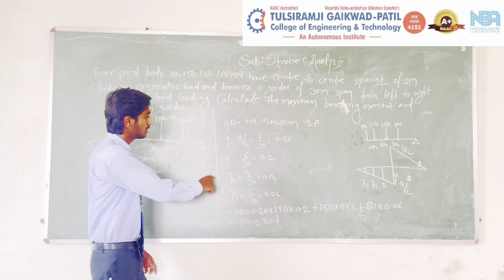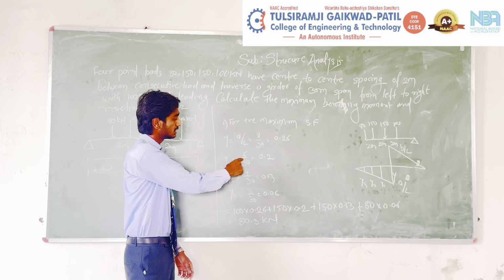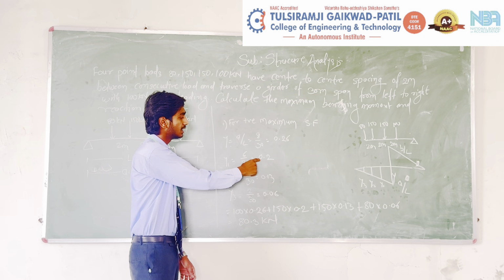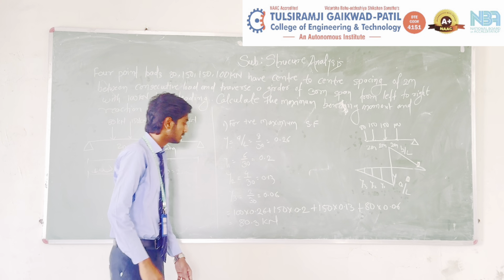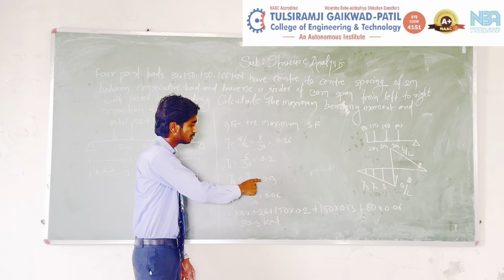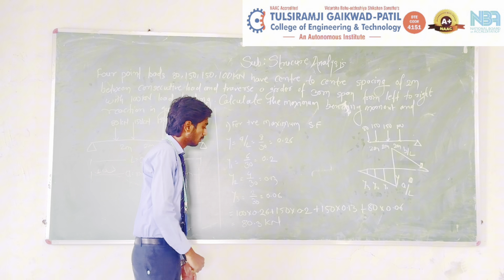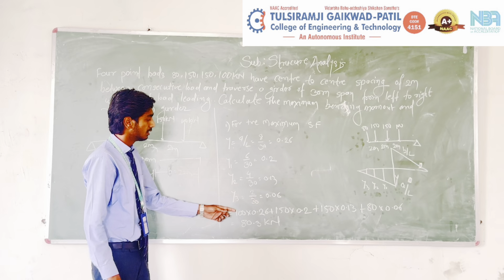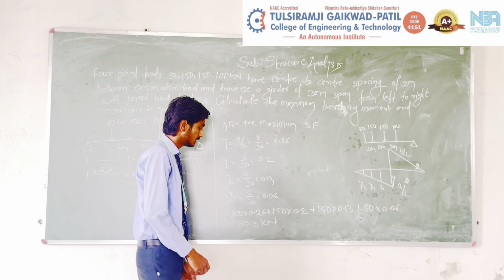Similarly, y is equal to 6 by 30, and if we calculate we get 0.2. Y2 is equal to 4 by 30 is equal to 0.13. Y3 is equal to 2 by 30 is equal to 0.06.